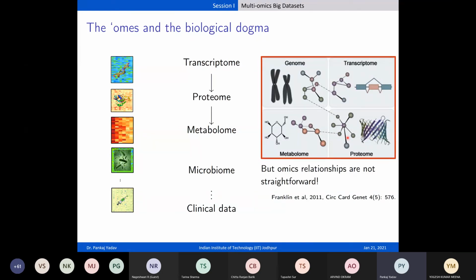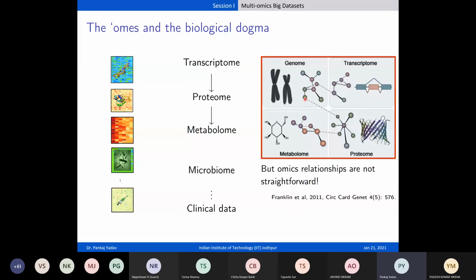We need to understand where the connections are, how we can make connections from one layer to another layer. These are shown by these dotted lines, where this gene is maybe associated with this mRNA, and then this gene might be associated with this protein.